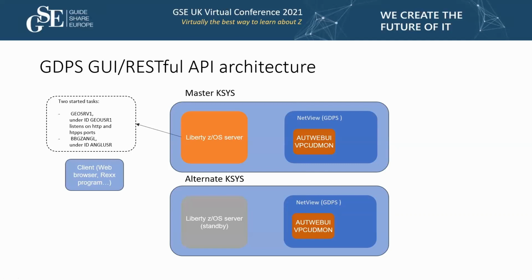So as Anthony said, the GDPS GUI and the RESTful API server rely on Liberty for z/OS. So we need one Liberty server on each controlling system. So in the case of disaster on one system, you still have one Liberty up or ready to be run to support the interface.